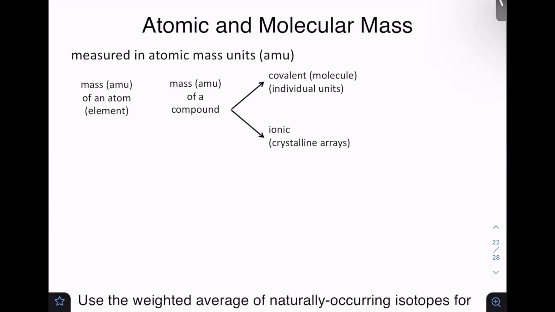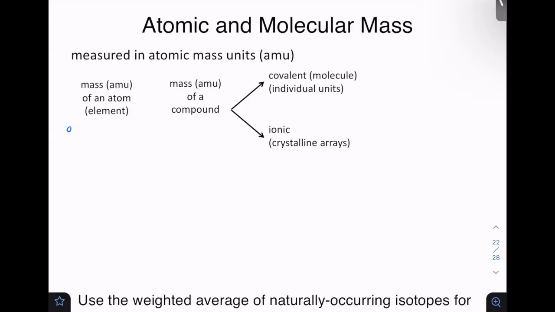When we start going into some more complicated calculations moving forward, to keep track of things, we need to know what their masses are. So this all has to do with things that we call atomic mass, molecular mass, formula mass, things of that nature. So let's just start with a little review.